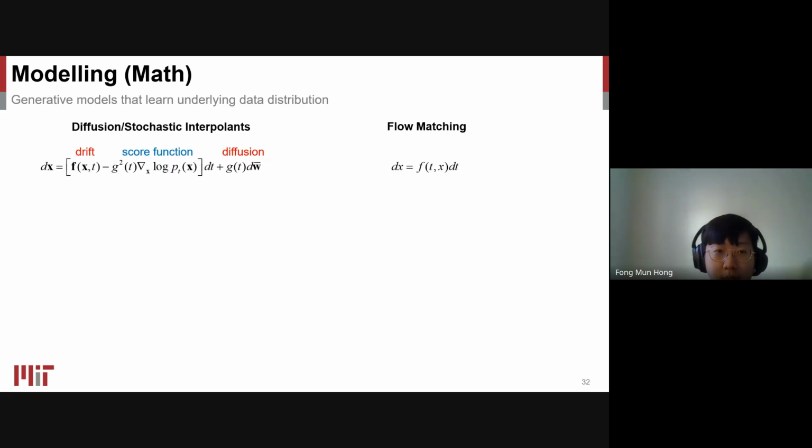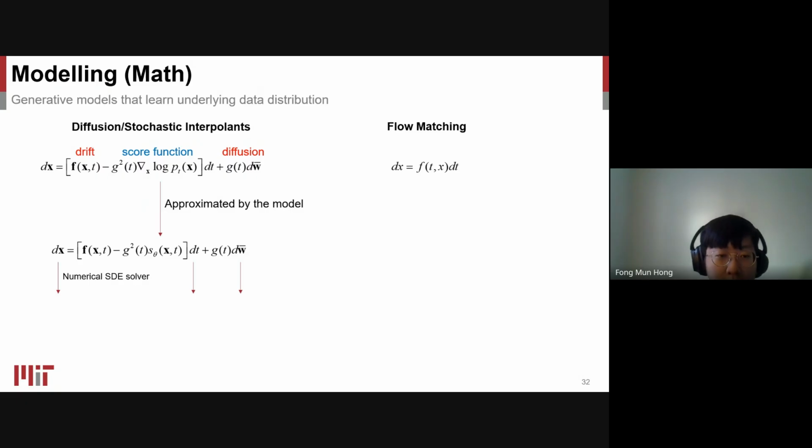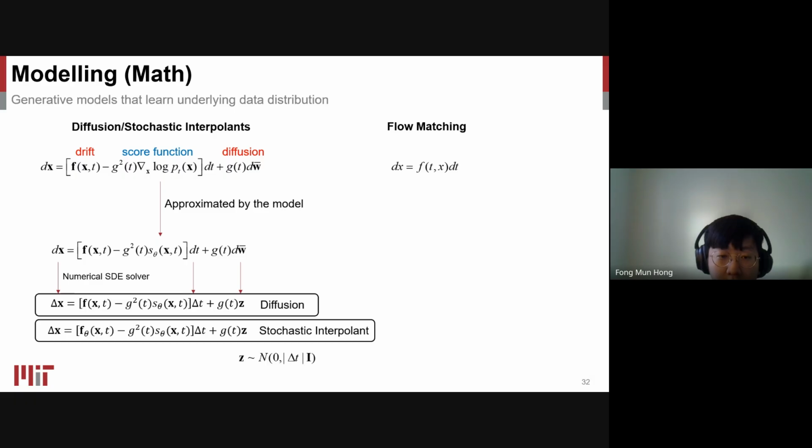Cool. So when we look at diffusion and stochastic interpolant, just to go briefly over, you normally approximate the score function using a model, and then you would have a numerical SDE solver, which approximates the dt as delta t, a discrete time change, and the dw as the diffusion term, and then it just moves your noise towards your target distribution.